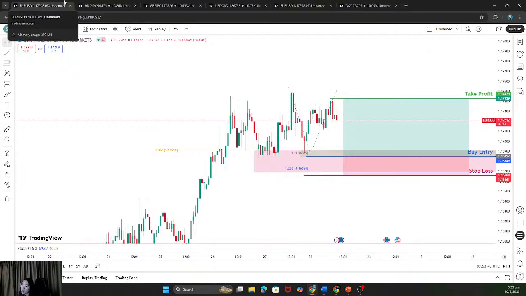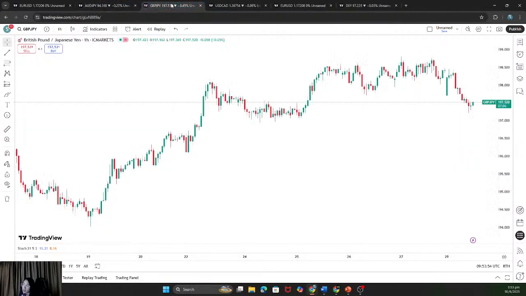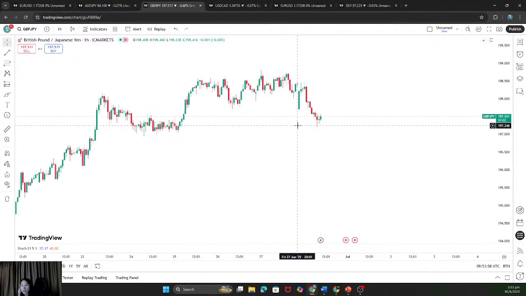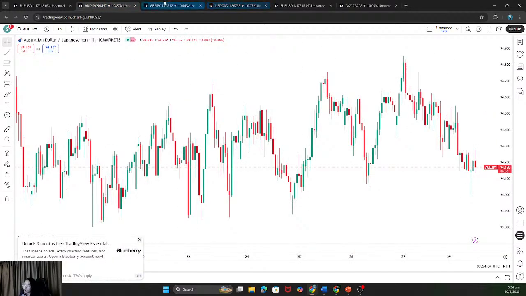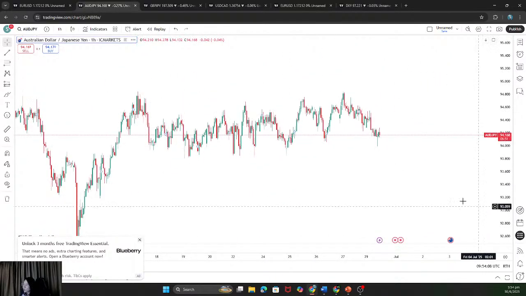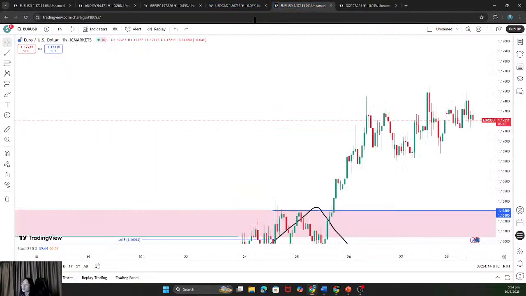It's a very good pair if you're trading with price action, a lot of support and resistance and whatnot. GBPJPY has a lot of volume, so you can probably hit your take profit within the day. AUDJPY is just another variation. I just wanted more variety. Looks like they're all going sideways right now.